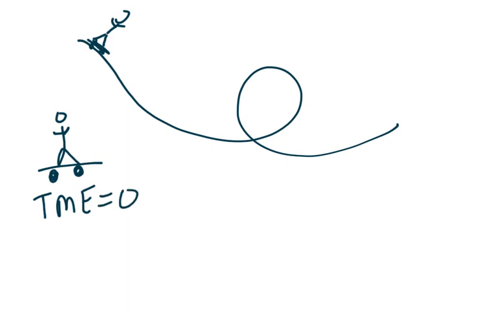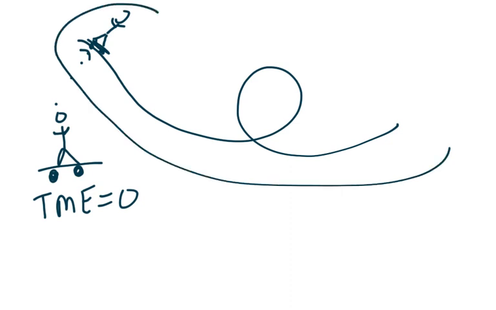When you picked him up and placed him up here on the hill, or her, you put energy into that skateboarder-track system. The way you transferred energy in, we call that in physics work, or working.